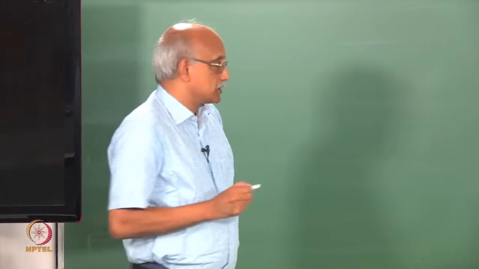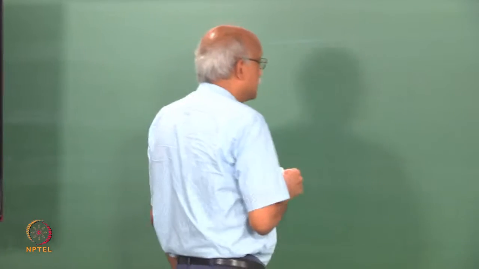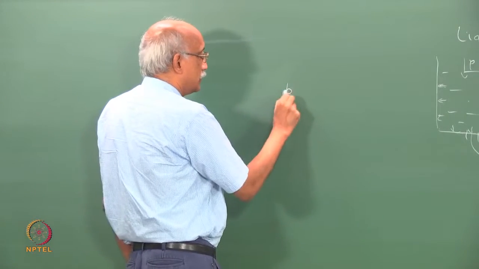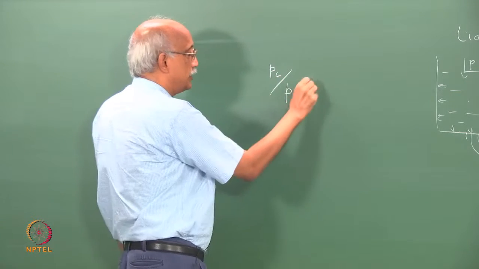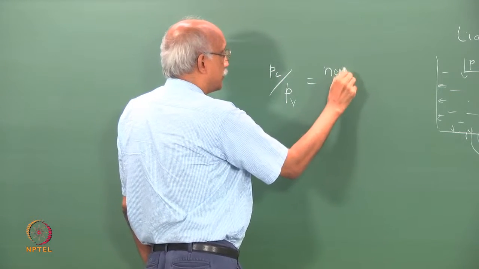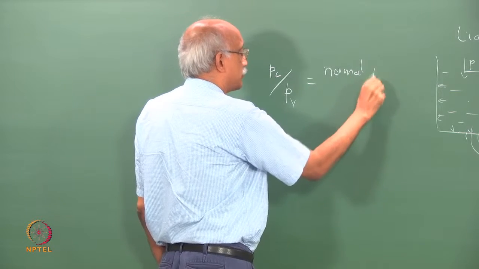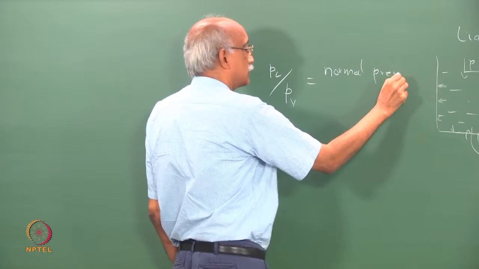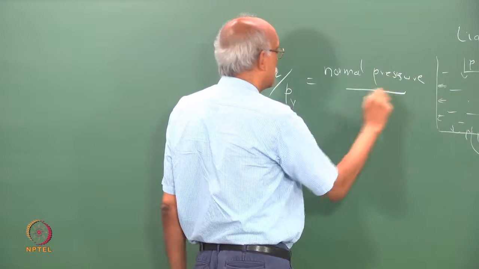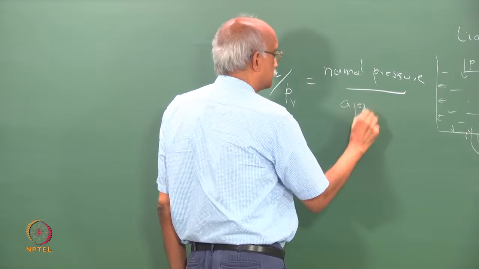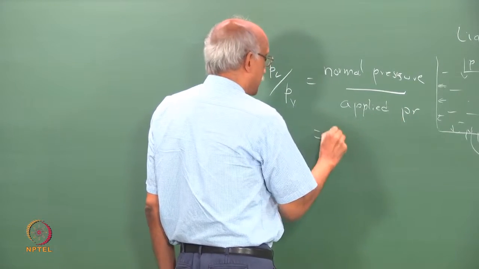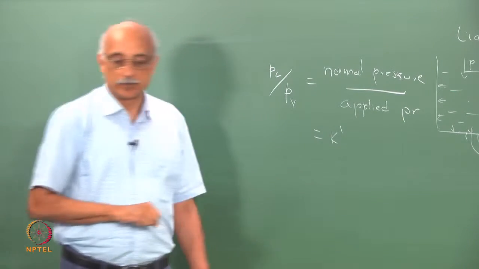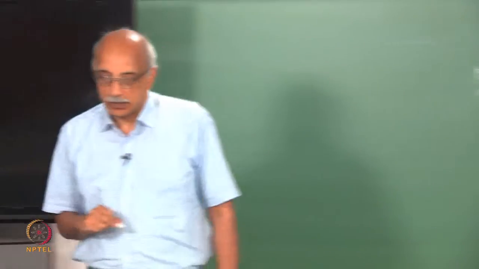So, one of the key parameters here is this ratio of PL to PV, which is the pressure in a normal direction to applied pressure, and it is indicated by a symbol K prime.